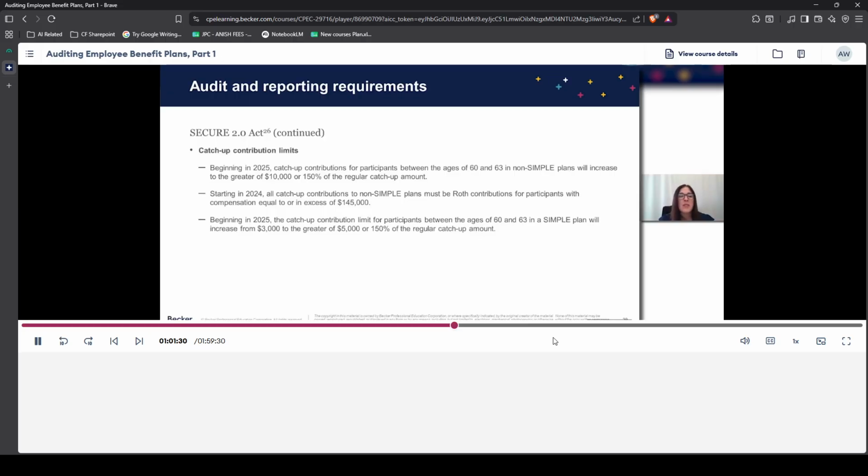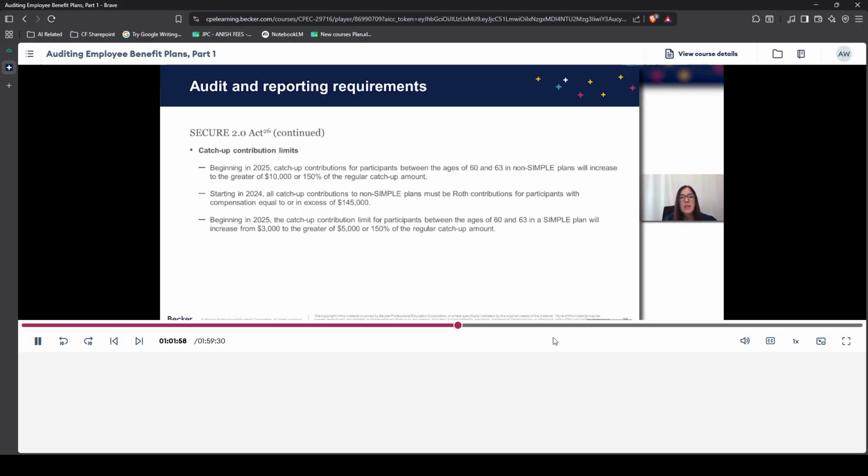So stop and think here for just a quick second about the changes related to the RMD ages and these changes to the catch-up contribution limits and the different dates in which these items go into effect. How is that going to impact your audit plan? Making sure that the plan sponsor has properly implemented these items, that these amounts are being properly administered within the plan's operations, and testing your procedures.